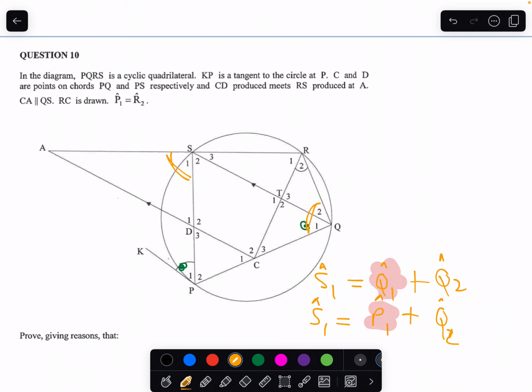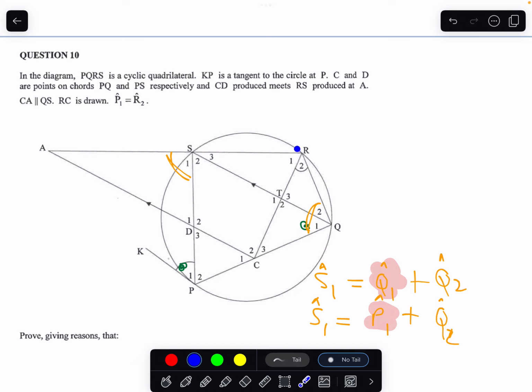Then we're told T2 is equal to R2 plus Q2.